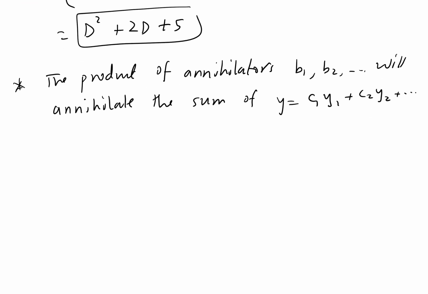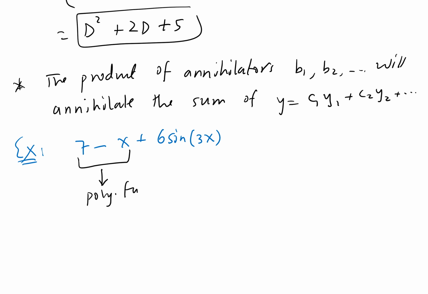For example, let's say 7 minus x plus 6 sine 3x. So these two go together as one function. It's a polynomial function. We use d squared to annihilate this because it's a first degree polynomial, so we need one more.